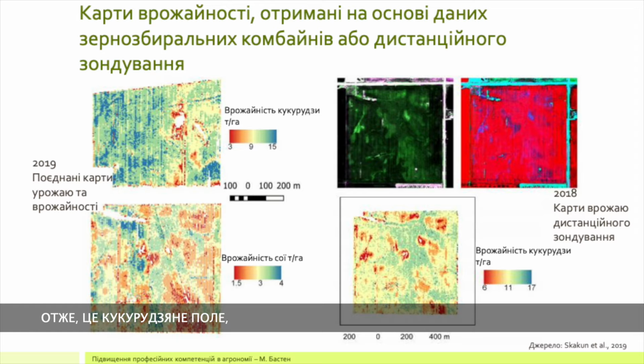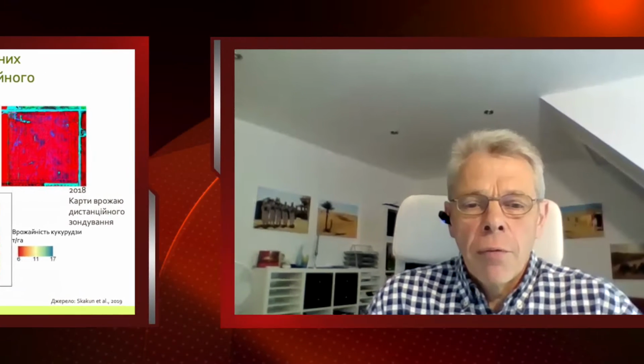So this is a cornfield, and here we have one example from a sunflower field yield map. Again, the different colors indicate different yields in the field. The two maps on the left-hand side are generated as a kind of forecast based on satellite images.